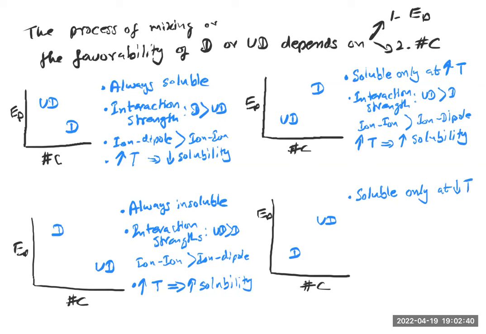The interaction strength will be stronger. Interactions are stronger in the dissolved state compared to the undissolved state. How do we know this? Because the dissolved state has a lower potential energy, and lower potential energy means stronger interactions.